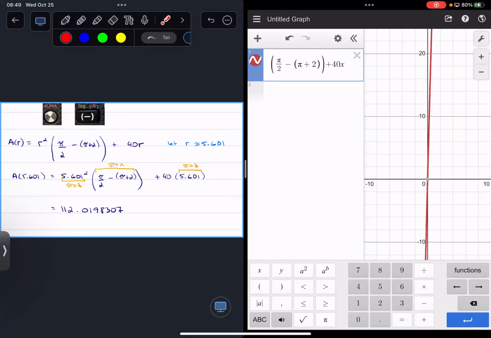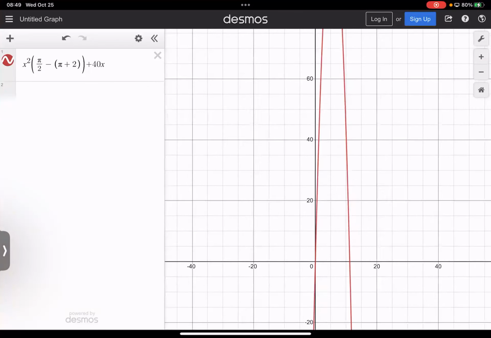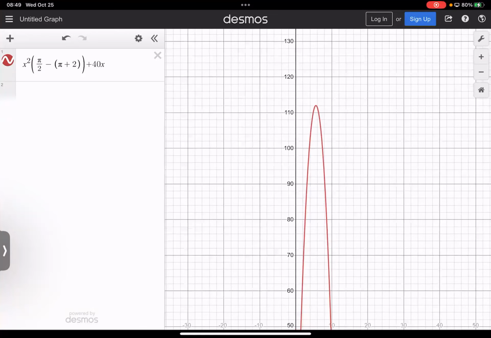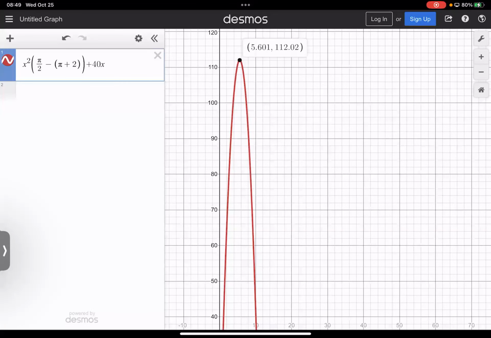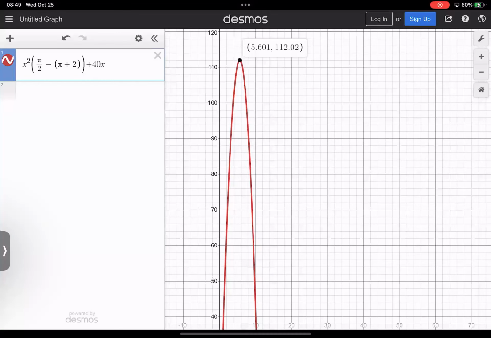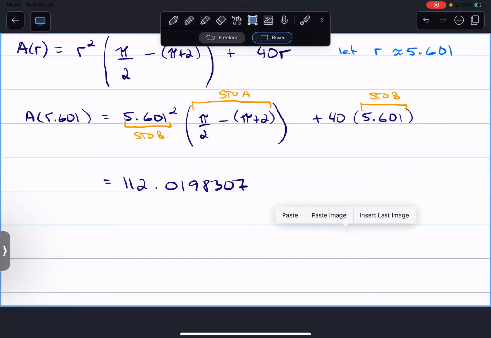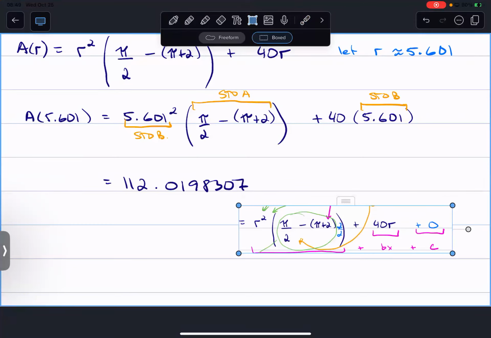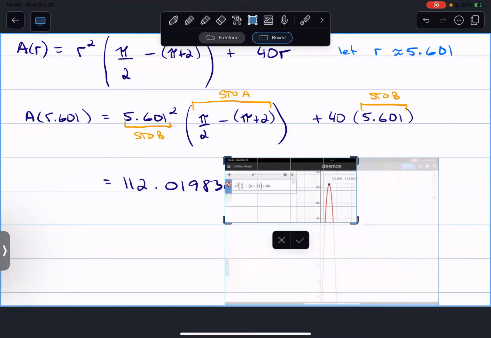Okay. Now it looks good. There. Gonna crop this up.